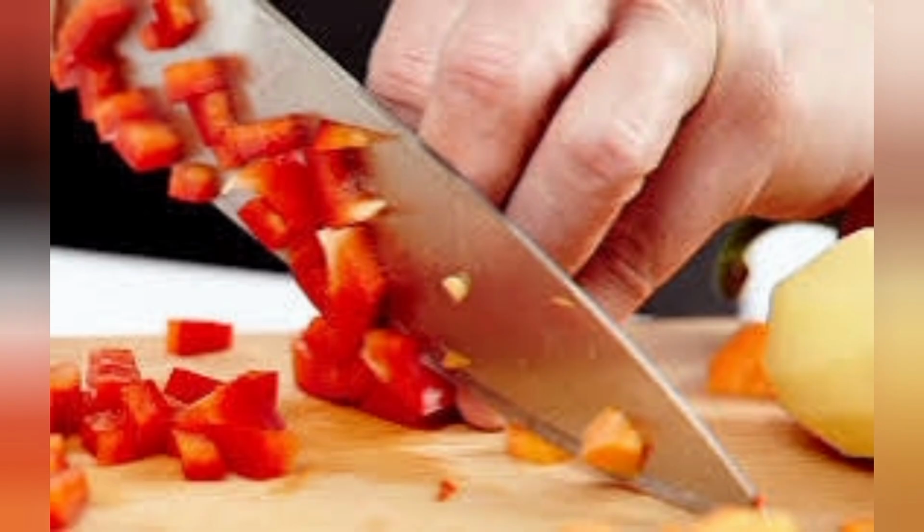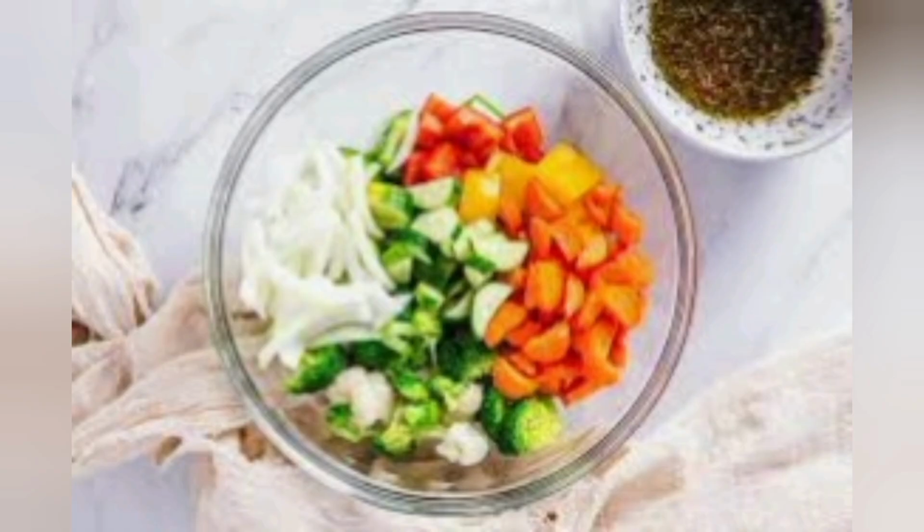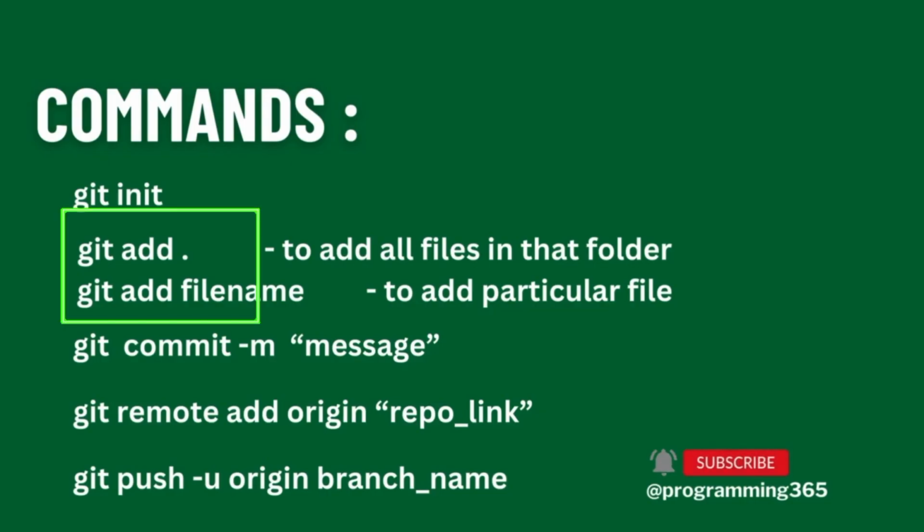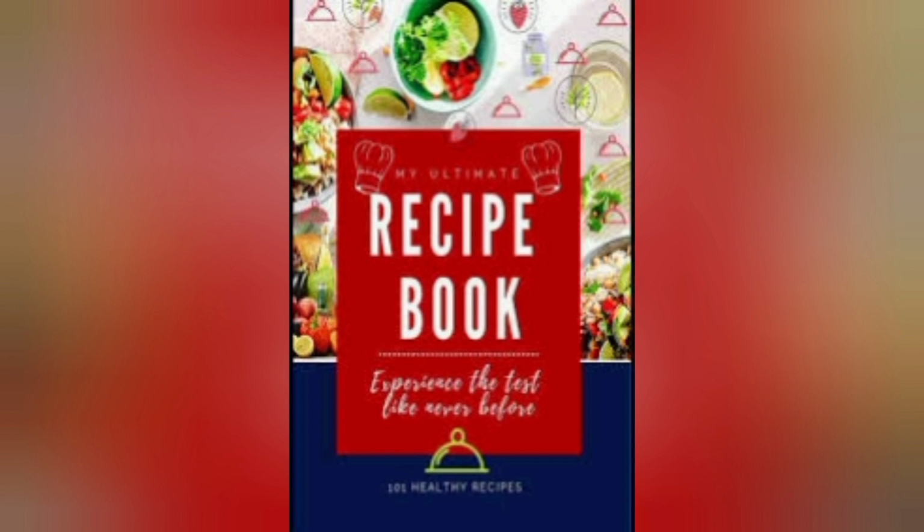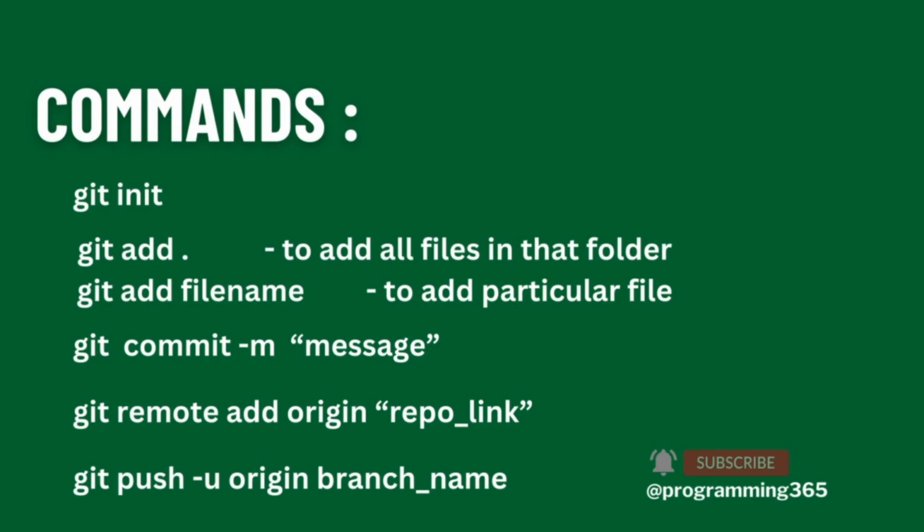And we start chopping vegetables, and we add them into a bowl. This is git add. Whatever the requirements are, you add into our repository, which is git add, and we note it down in a recipe book, like how it happened. This is git commit -m, with the message we need to show. Like if it is an initial message or anything, we make a log, right?